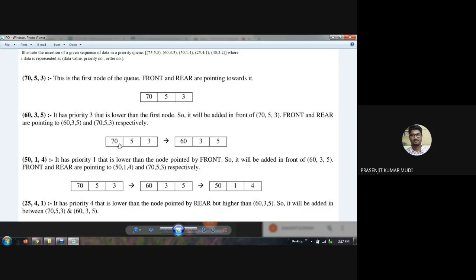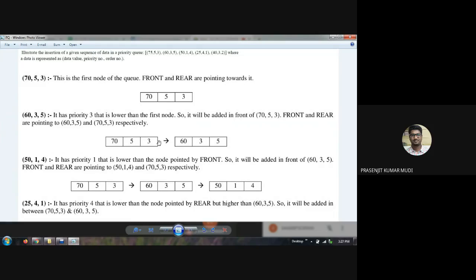The picture looks like 70, 5, 3 pointing towards 60, 3, 5, and front is pointing towards 60, 3, 5, and rear is pointing towards 70, 5, 3. So this is now the first element in the queue, and this is the second element.